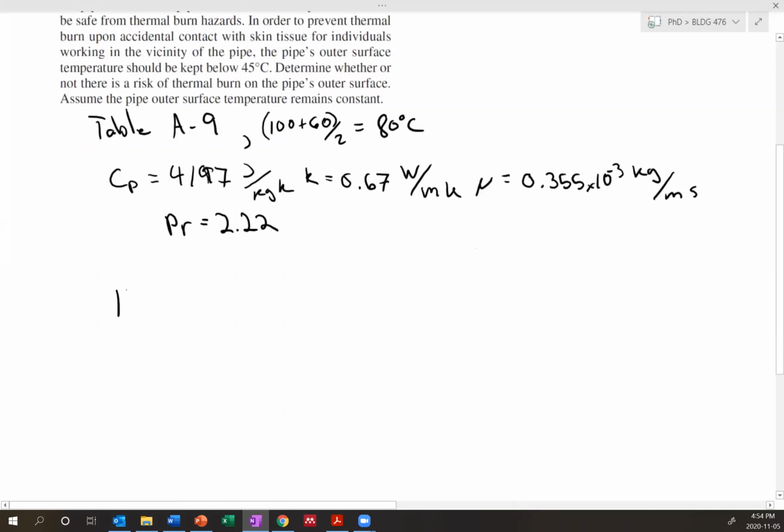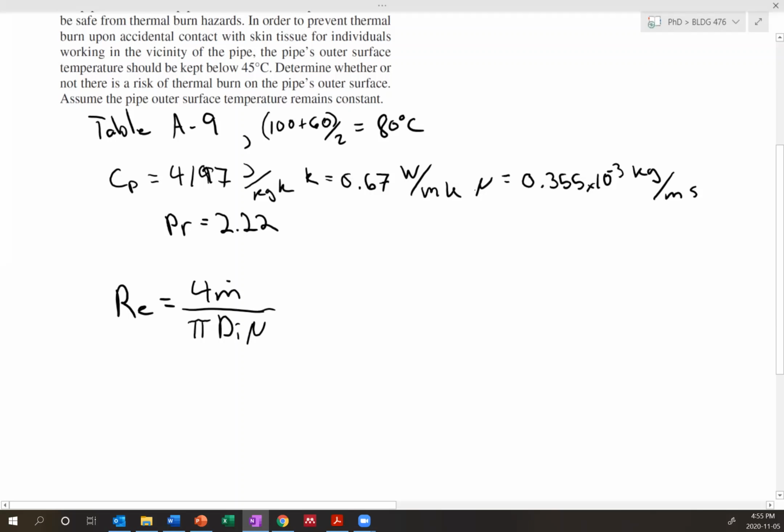Starting the question now, our Reynolds number, same as last time. Okay, so we're using a slightly different version of it, the one that involves mass flow rate. And friction coefficient, or sorry, this is not the friction coefficient.